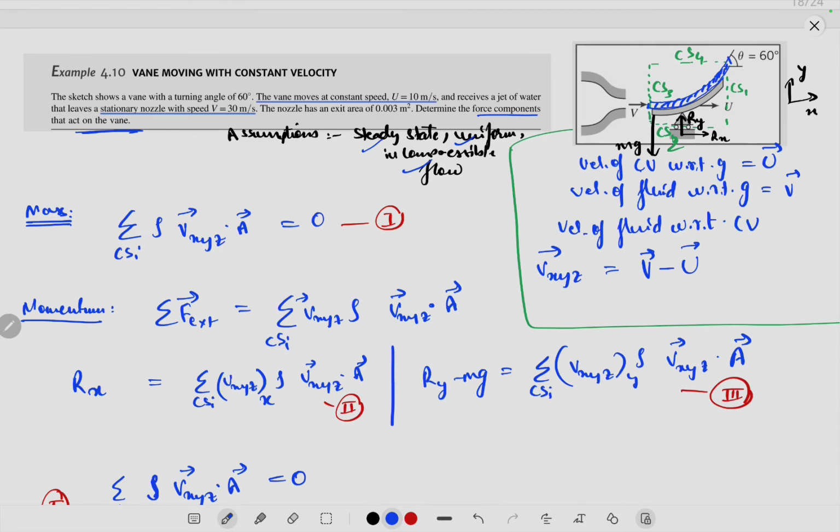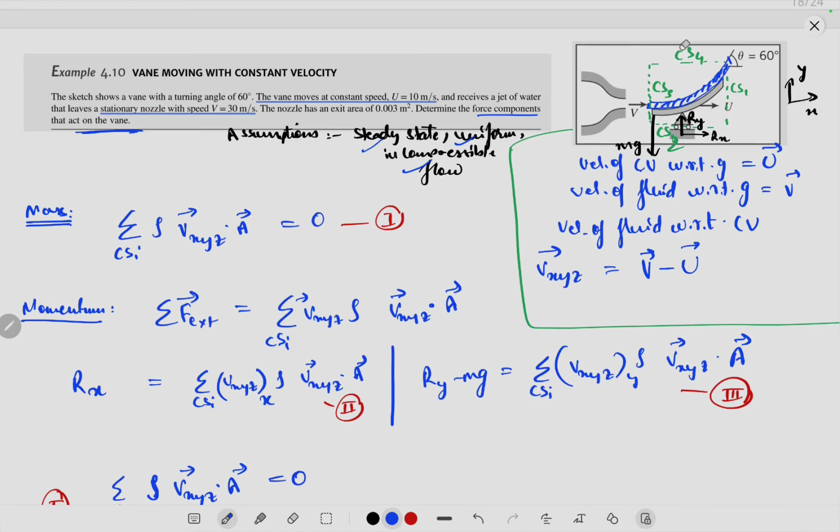Now if you see here, the way I have drawn the control volume, it's making things complicated. I don't know whether the flow is going into CS1 or CS4, and again what area I should take.